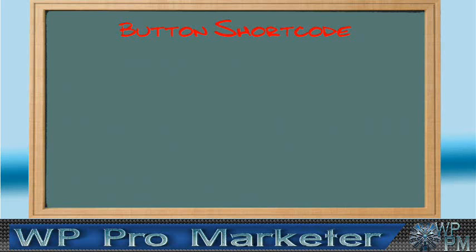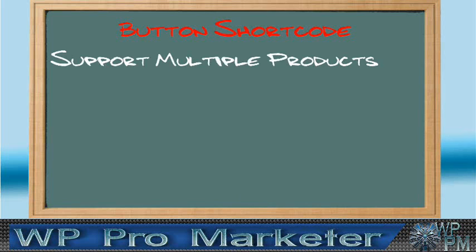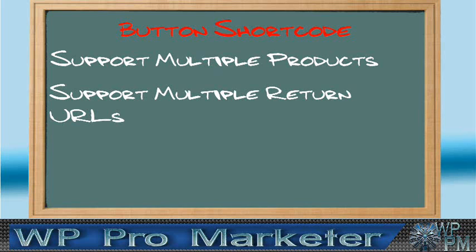Now, the button shortcode can do several things. It can support multiple products. You can have as many products as you like on your site with WP Marketer. Even better, it supports multiple return URLs.